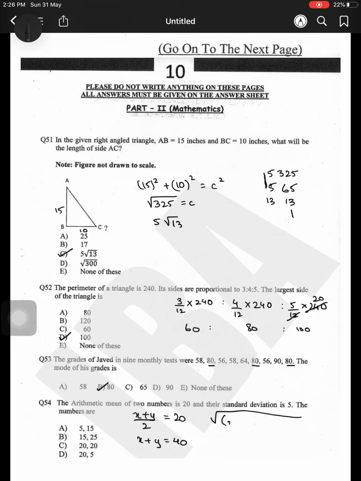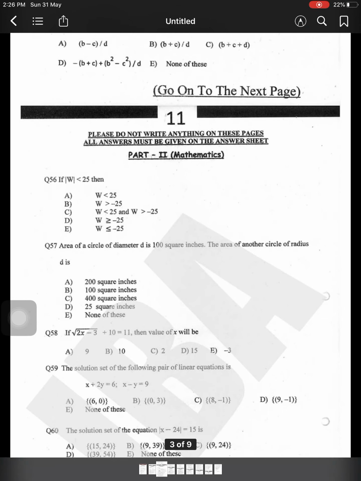So under root, x minus 20 squared plus x1 minus 20 squared should give you 5. So if we plug in b, we'll get the answer as 5. So B is the answer.